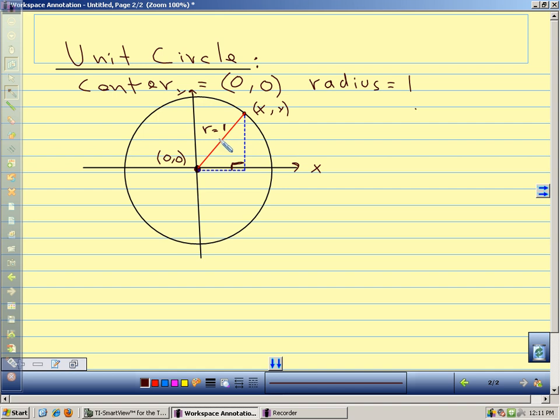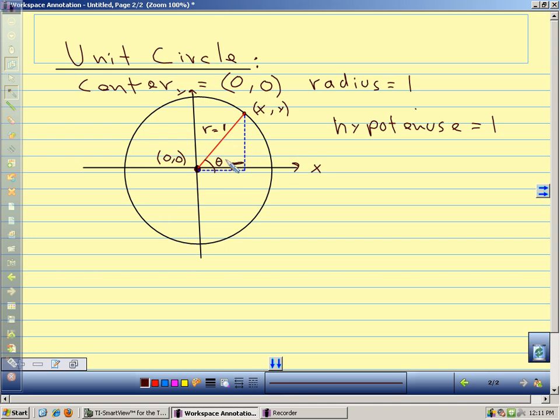Now let's label the sides of this right triangle. Is the radius the opposite, the adjacent, or the hypotenuse if we're talking about that angle? The radius is the hypotenuse. So the hypotenuse is 1.